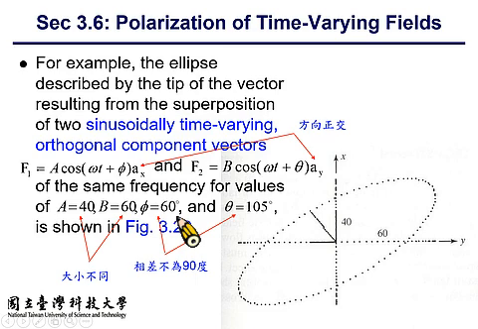Because the phase difference is not 90 degrees, of course we can say it's elliptical polarization. So the plot shown here follows the trace formed by the tips of the sum vector, F1 plus F2.